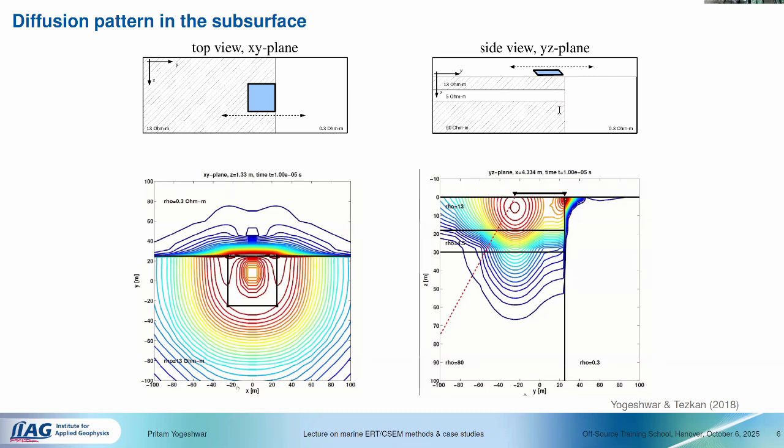So what you see here is what the electric field looks like after switching off the current. This is 10 microseconds after the current is switched off. The focal point of the field has moved downwards until here on this side, because it's more resistive. Here it's very conductive, so here the fields are still focused at very shallow parts, still directly under the transmitter, but here they have already moved downwards.